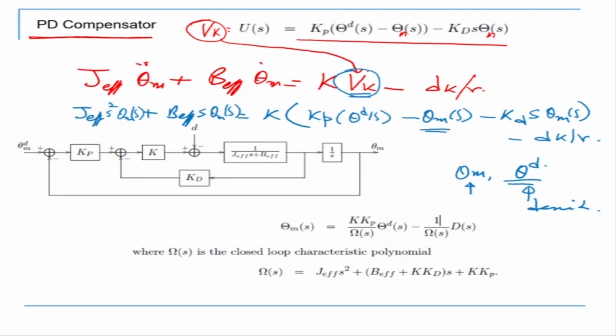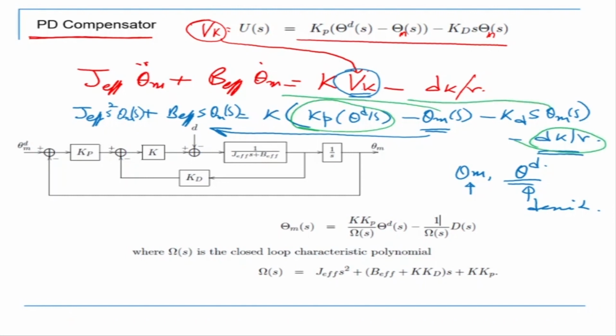On the right hand side we only have two terms left: theta d s and the term dk by r. Theta m s will go on the left, and then I take theta m s common.